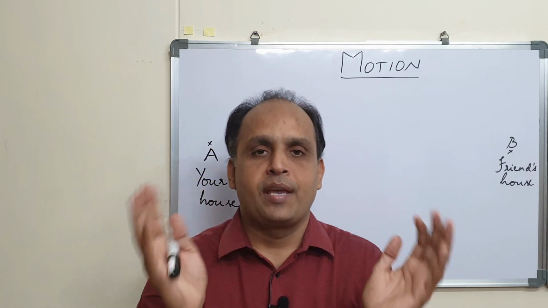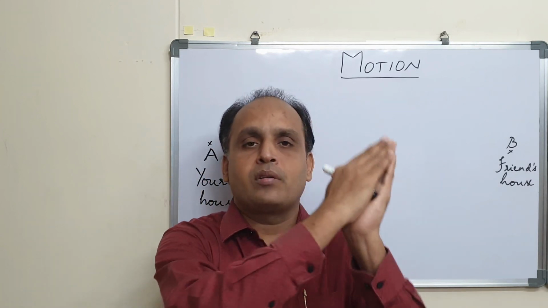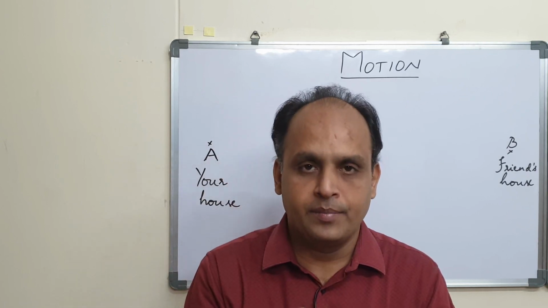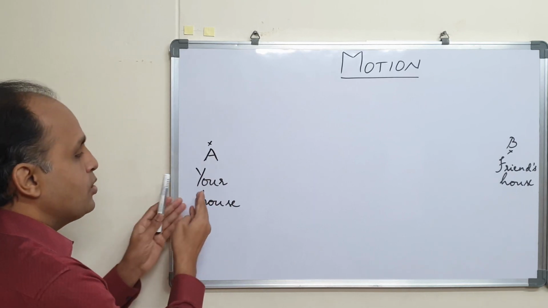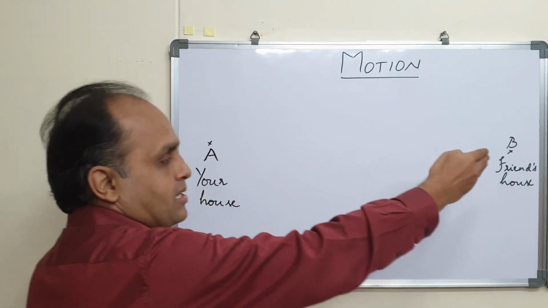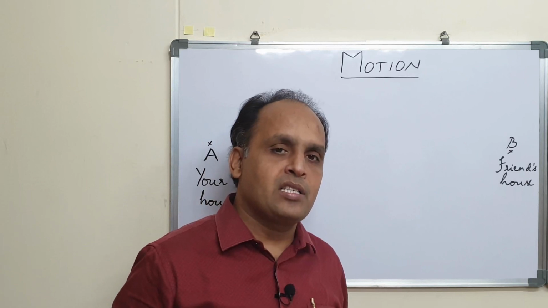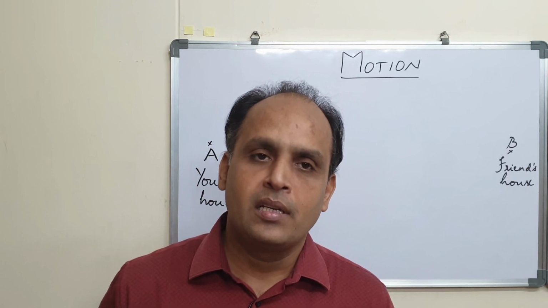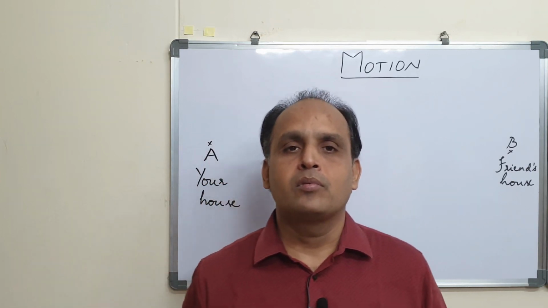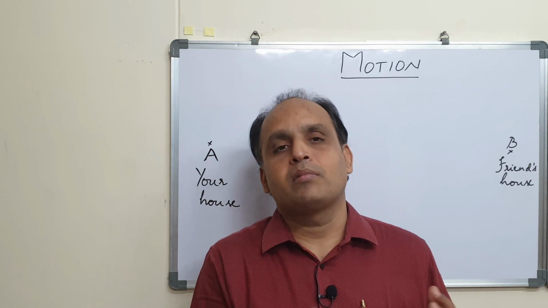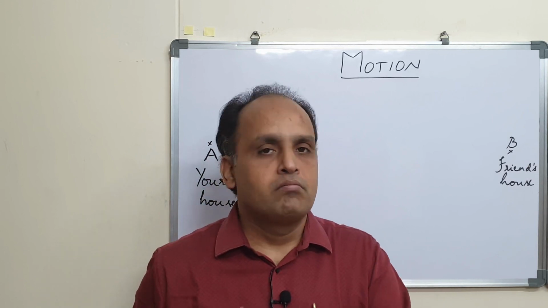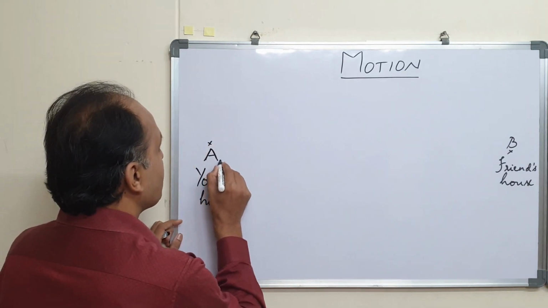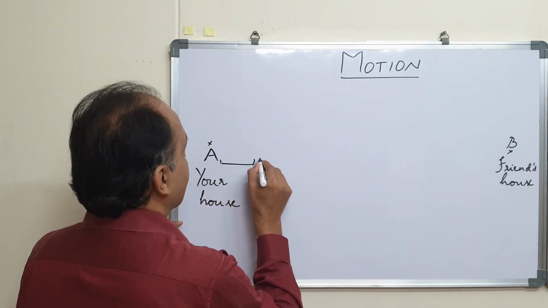The scenario is the same, you going from your house to your relative's house or your friend's house, but in a different way. This time, let us suppose that you are not going in your own vehicle like you did in the previous case, but you have traveled to your friend's place in a train. So first you go from your house to the railway station.